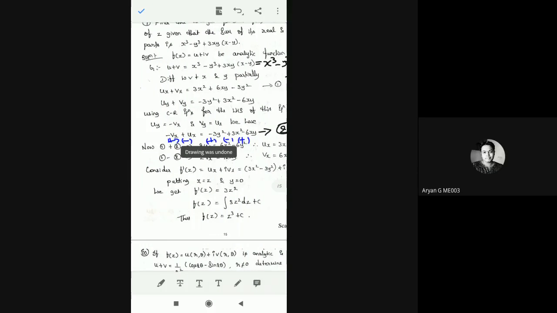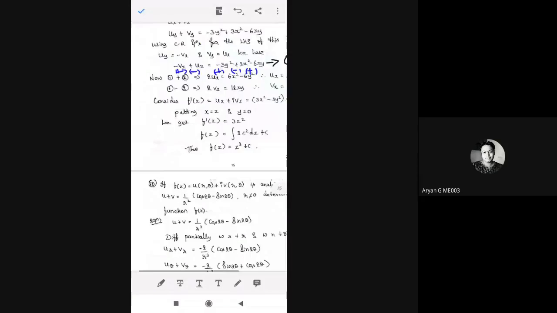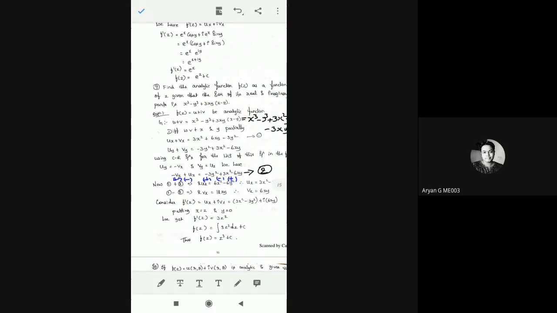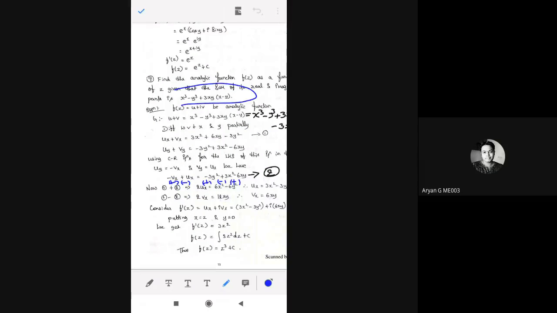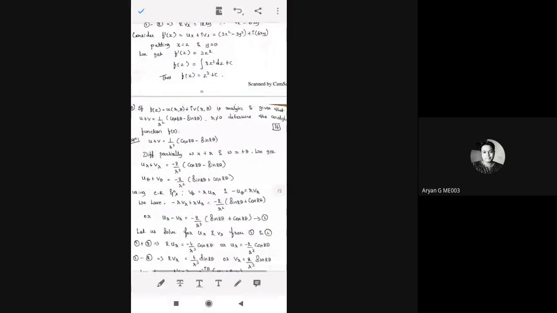Next problem. This problem is related to Cartesian form. How can I say it is Cartesian form? It means the equation is with respect to x and y. Now see the 10th problem. If f of z is analytic, that is u of r comma theta and v of r comma theta, so definitely it is a polar form.